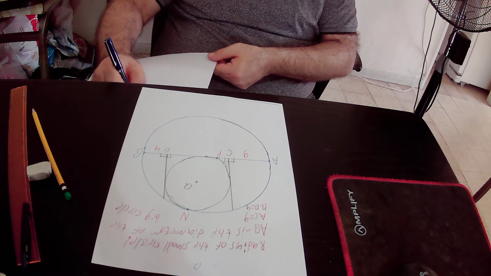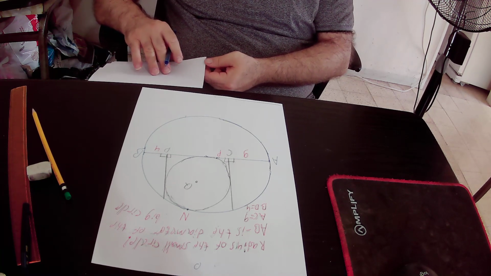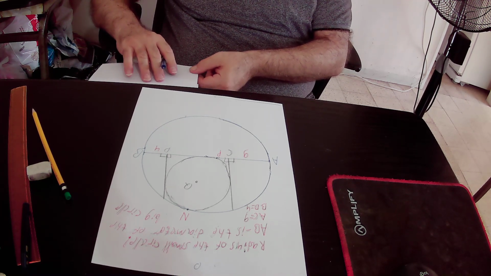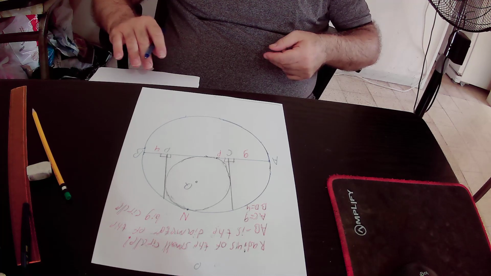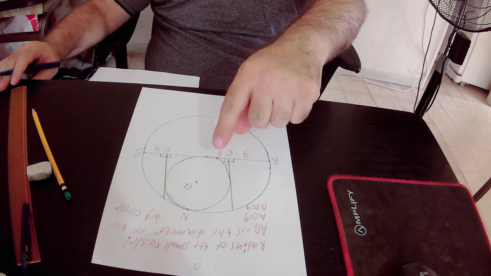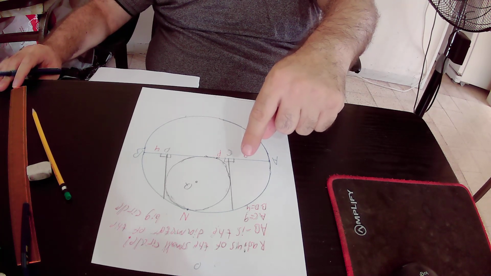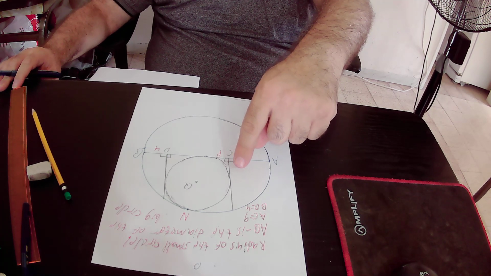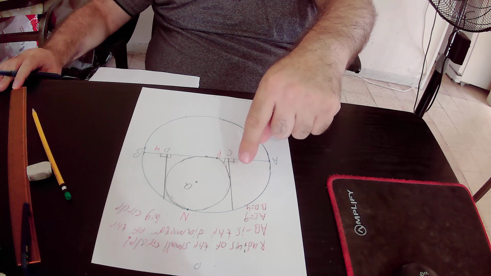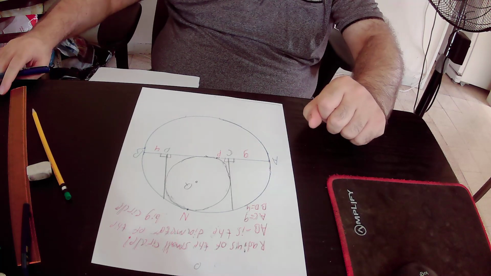In the next step, we will draw three radii of the small circle that start from the center of the circle and touch the circle at the tangent points between the circle and its tangents.